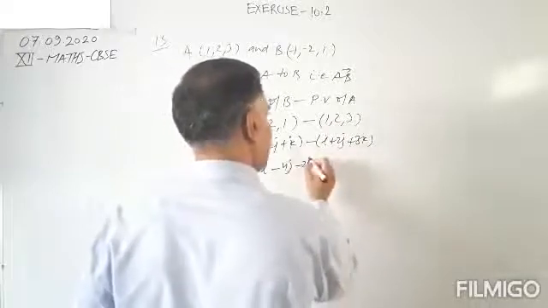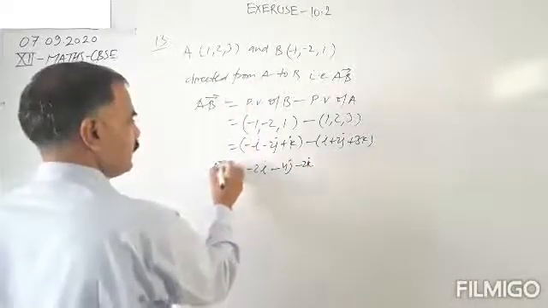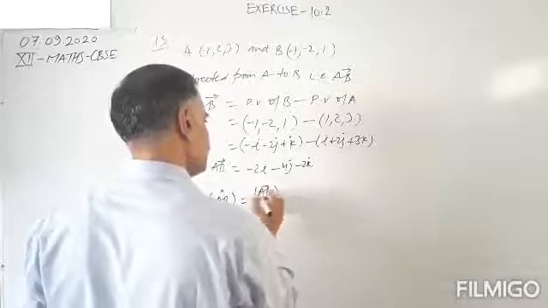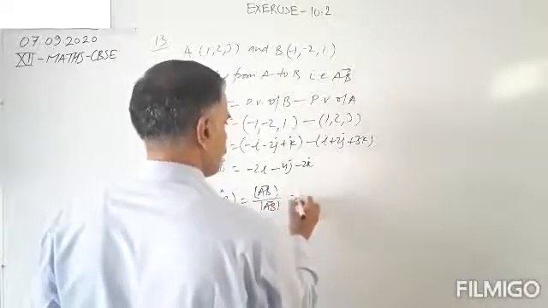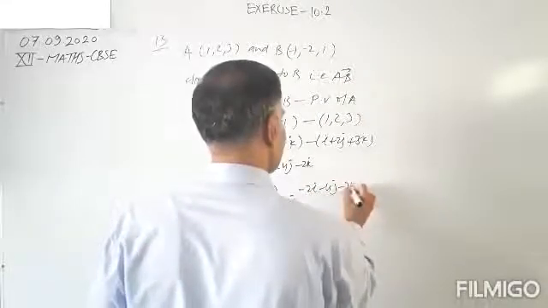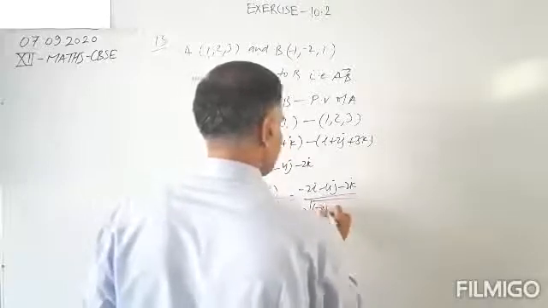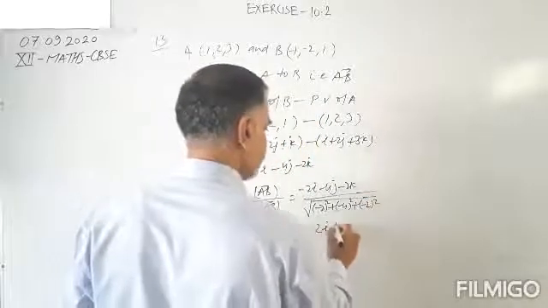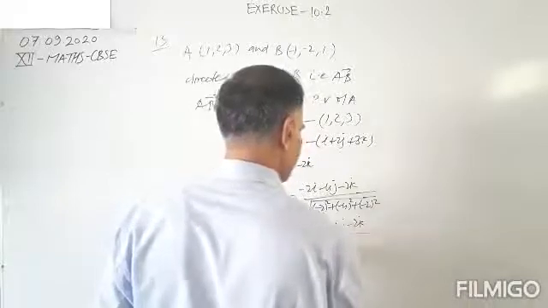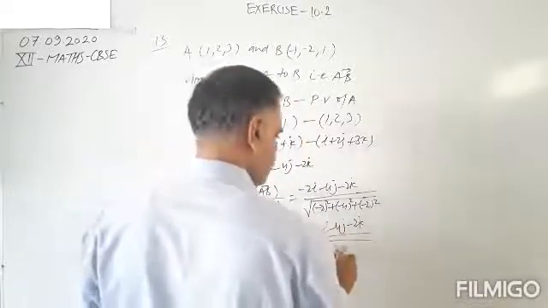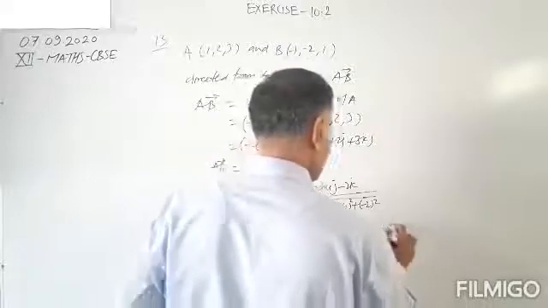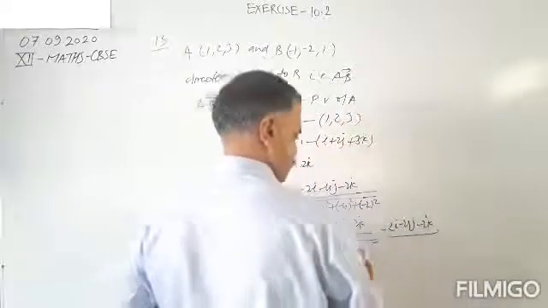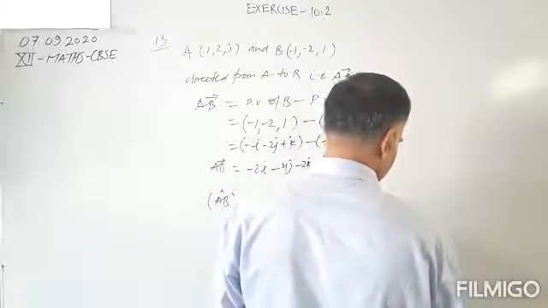So this is AB vector, and AB unit cap is equal to AB vector divided by magnitude of AB vector, that is minus 2i minus 4j minus 2k divided by under root of (-2) square plus (-4) square plus (-2) square, which is under root 4 plus 16 plus 4, that is under root 24, which means 2 under root 6.